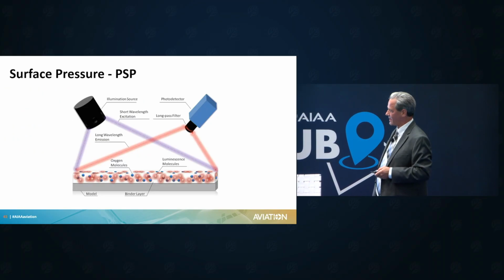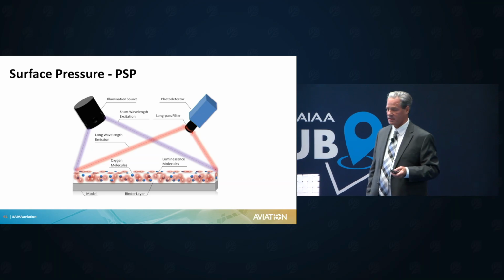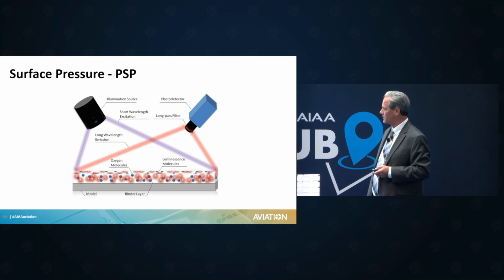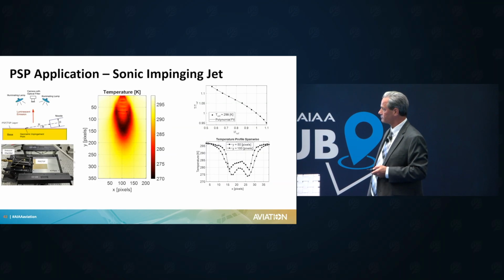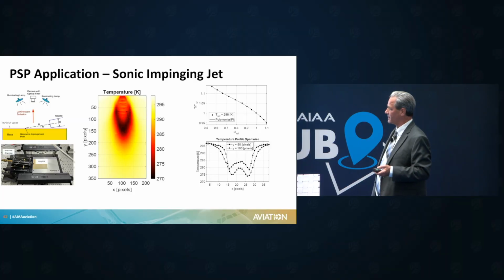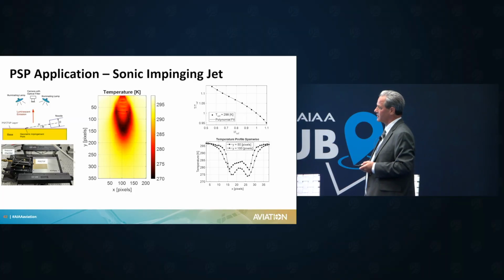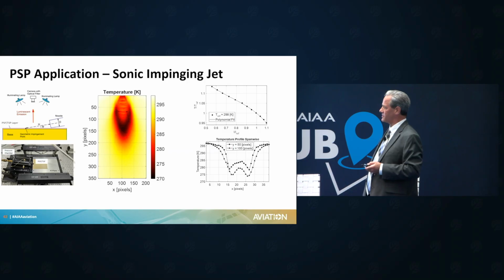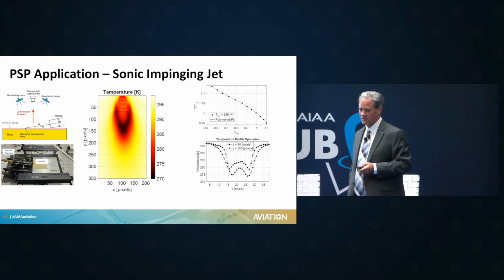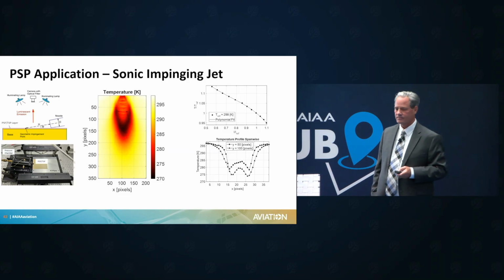Here's kind of a schematic of how the test setup works. Illumination source, a photo detector, oxygen molecules because it's oxygen quenching, and in this case with an impinging jet, there's a temperature problem because the jet nozzle produces a cooling effect.